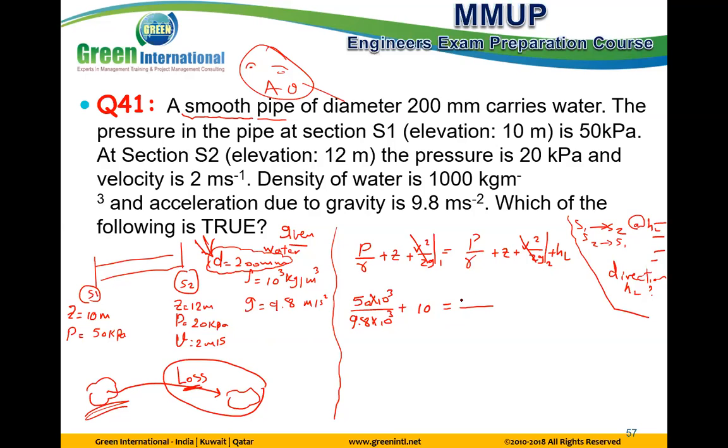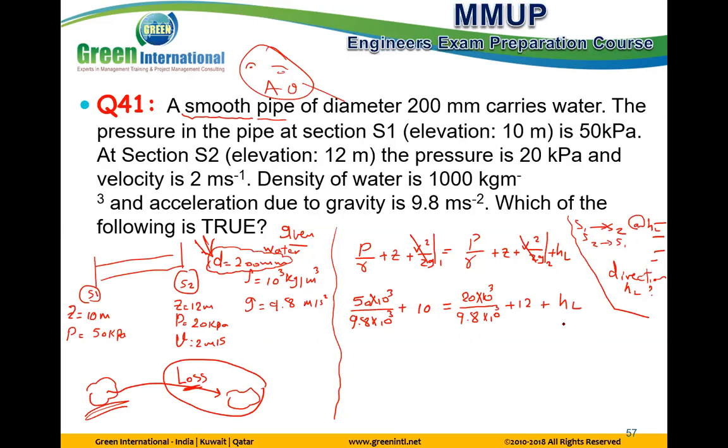the other side, which is 20 kilopascal times 10 to the power 3, over 9.8 times 10 to the power 3, plus 12, plus H losses.